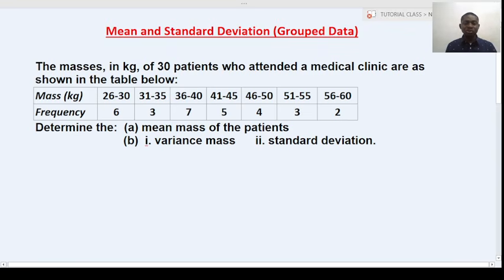In that table, it will afford us the opportunity to have the mid value for each class interval. We will have the product of frequency and score for each class interval. We will also have the deviation for each mid value, and by so doing we'll be able to calculate the mean mass, the variance and the standard deviation.